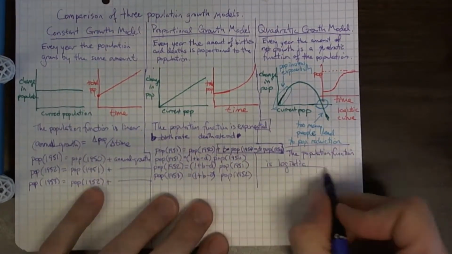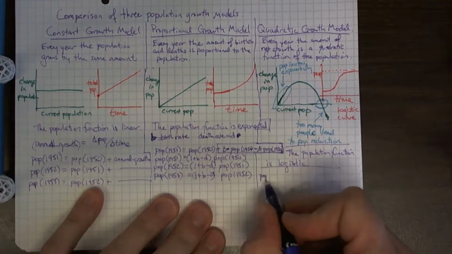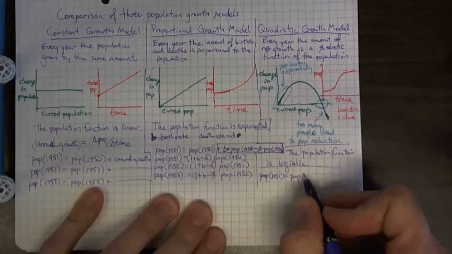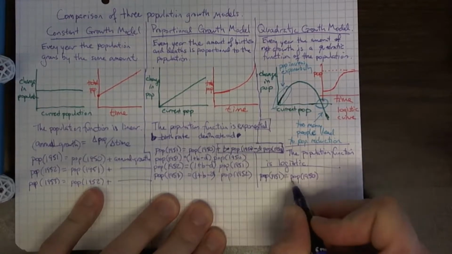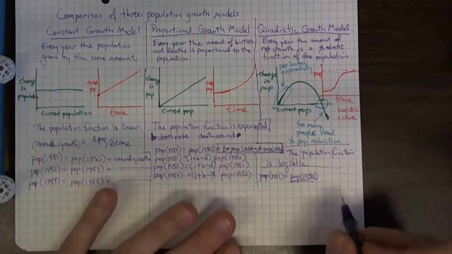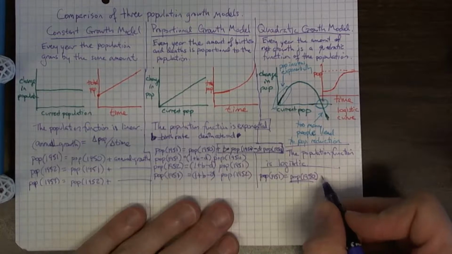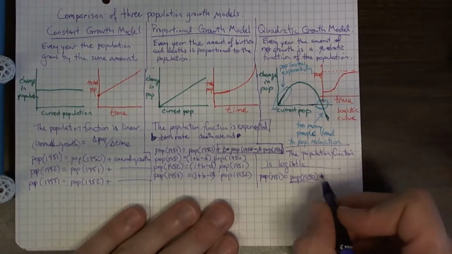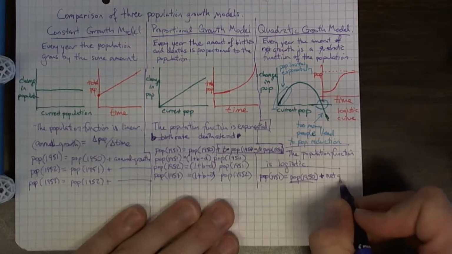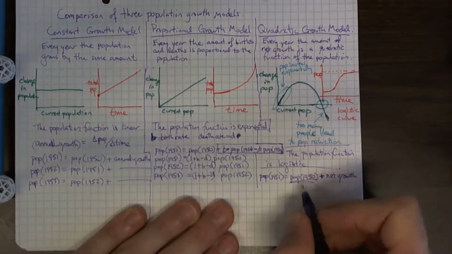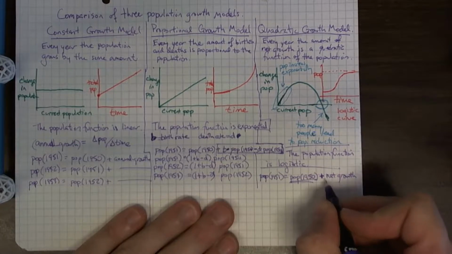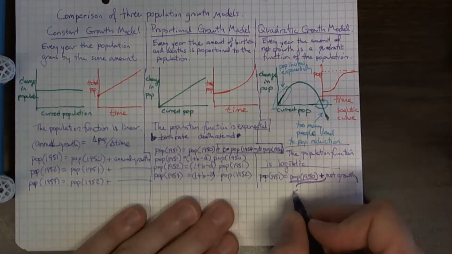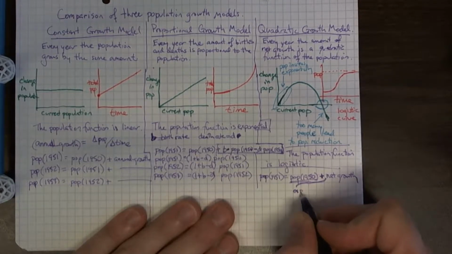Right, and so what would this look like? This would look like the population at time 1951 is equal to the population at 1950, right? It starts off with the previous population, and then we add some net people. So that looks like, so plus the net growth. And so in this case, the net growth is going to have some alpha times the current population.